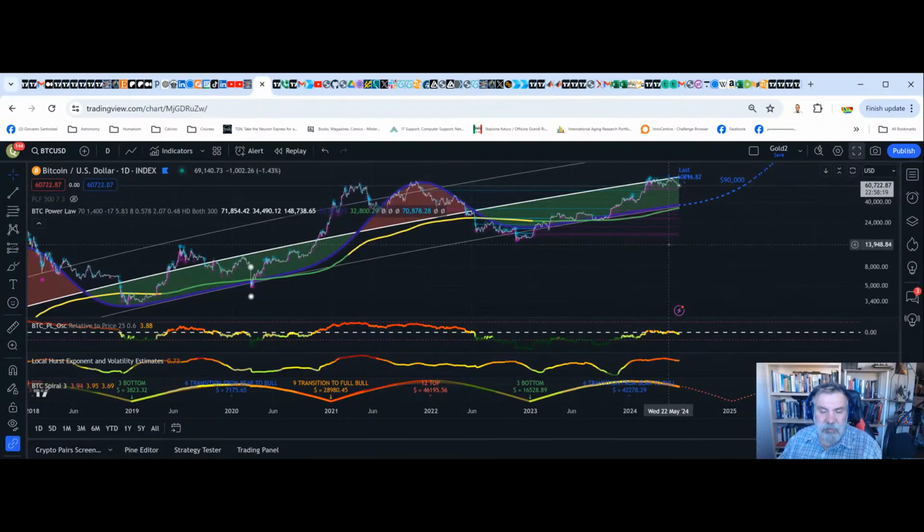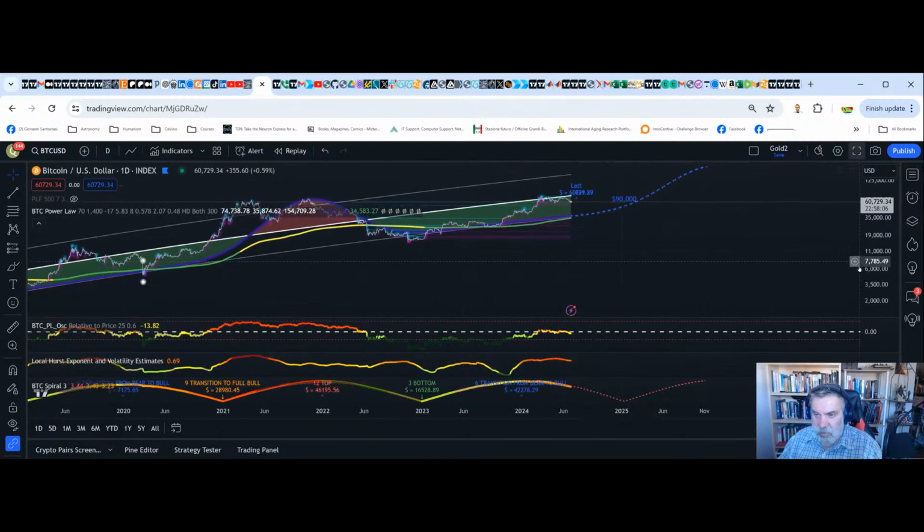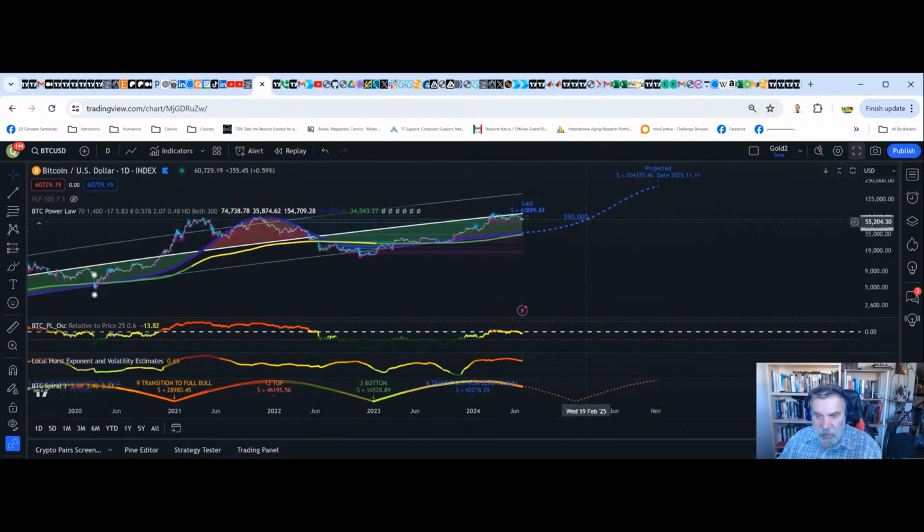So really, the way of thinking is this: if bubbles are not symmetric, let's say we go up, and then we come back, and we stop there. Imagine in the future a scenario where we go all the way to 300,000, 400,000, then we go back to 200,000, and we stay there.